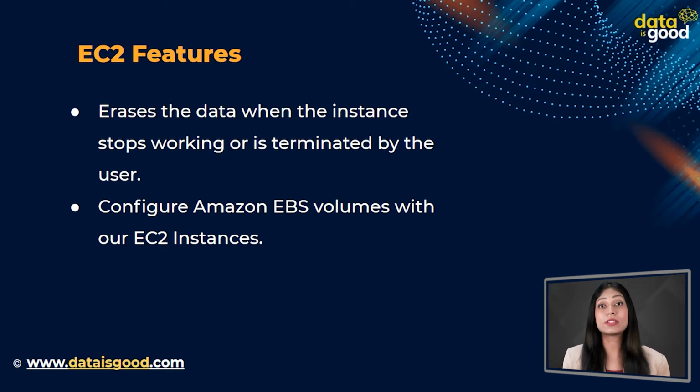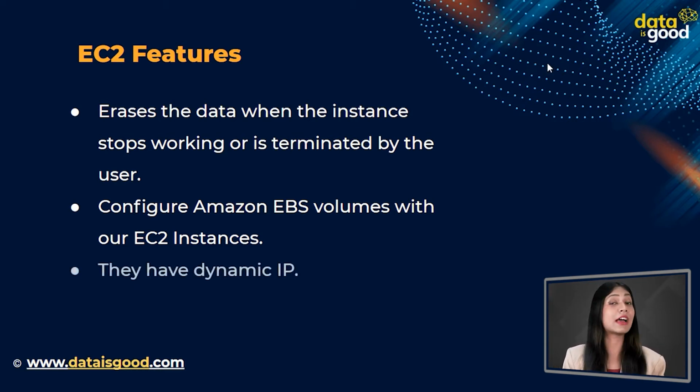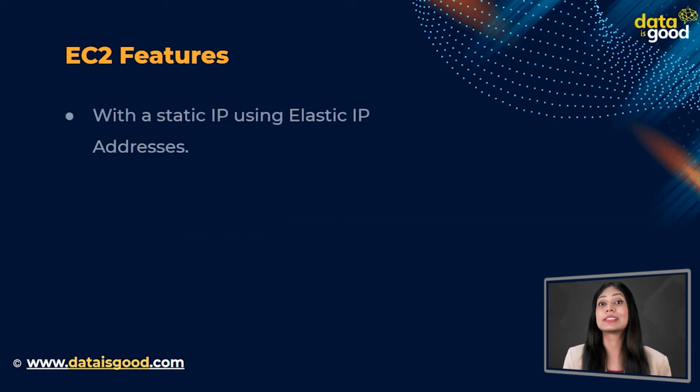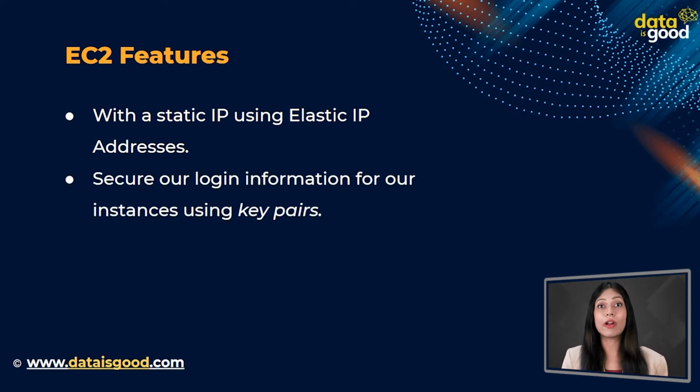Now, by default, the instances which we create have dynamic IP. We can also provide our instance with a static IP using elastic IP addresses. Instances also secure our login information for our instances using key pairs.